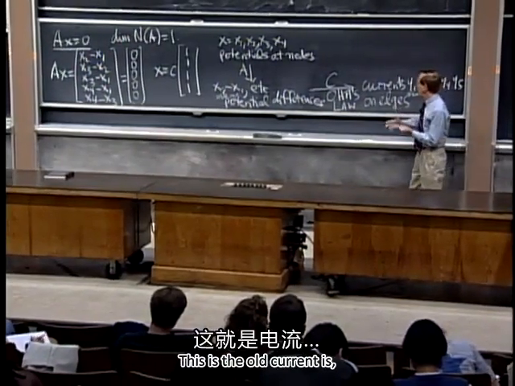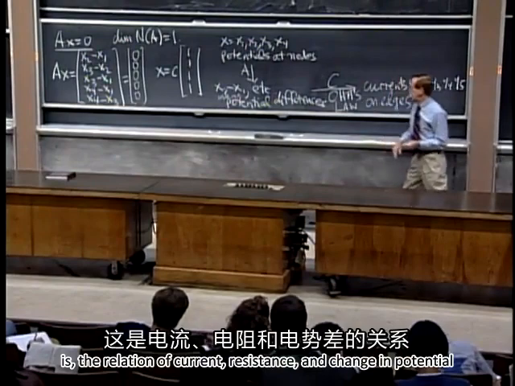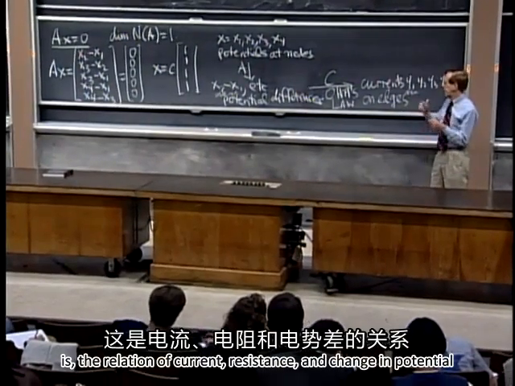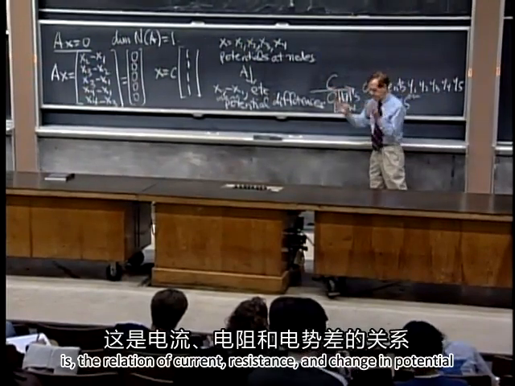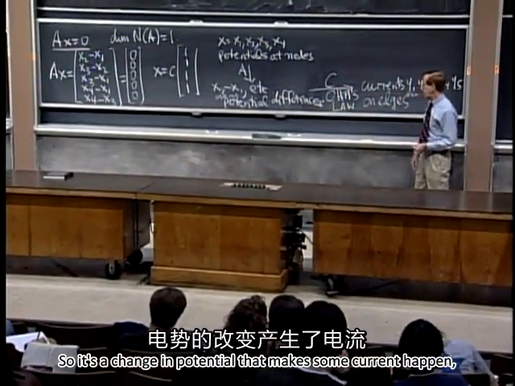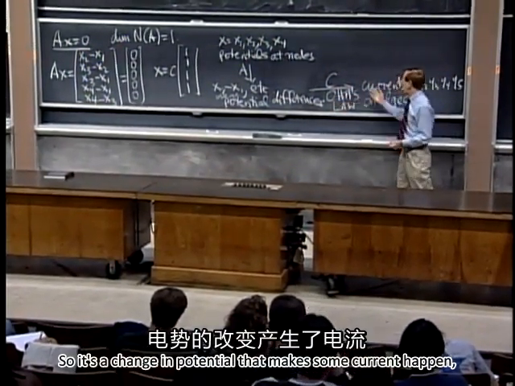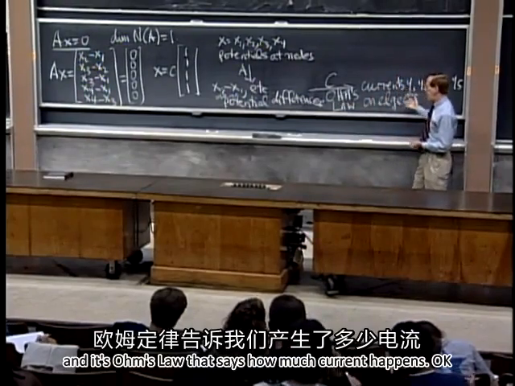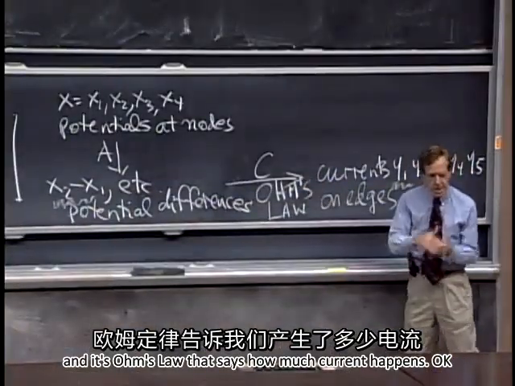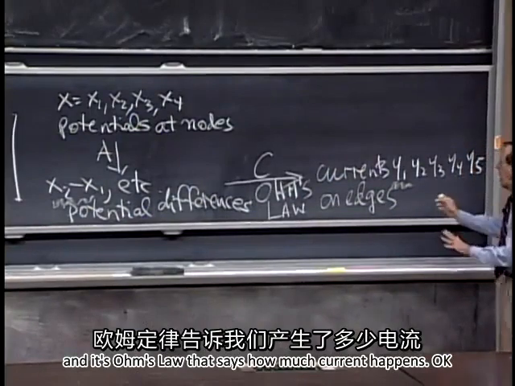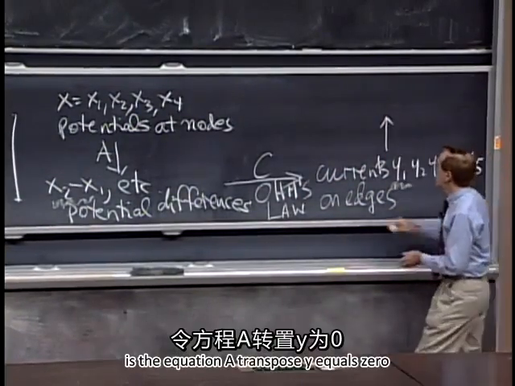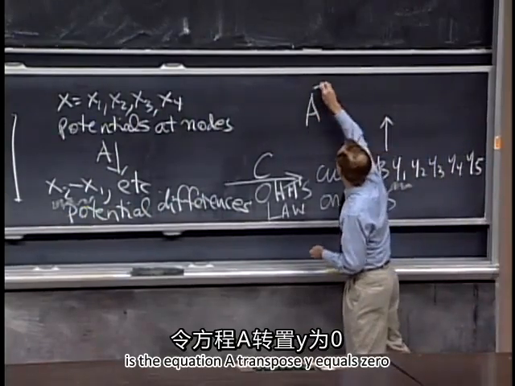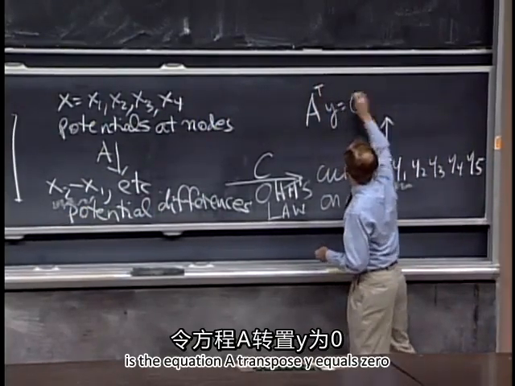This is the old relation of current, resistance, and change in potential. So it's a change in potential that makes some current happen, and it's Ohm's law that says how much current happens. Okay, and then the final step of this framework is the equation A transpose Y equals 0.